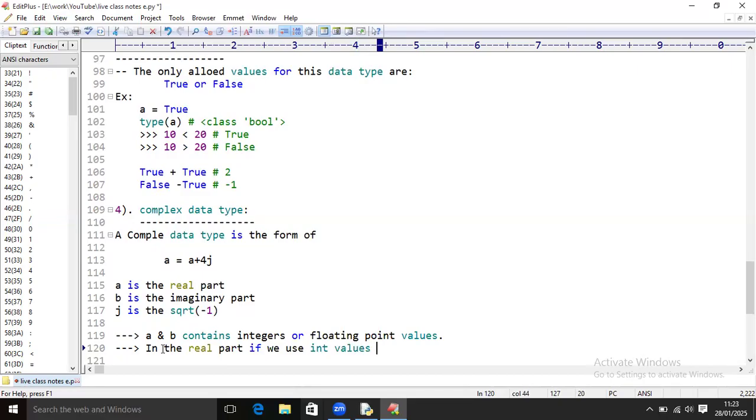Int values, then we can specify that either by decimal.